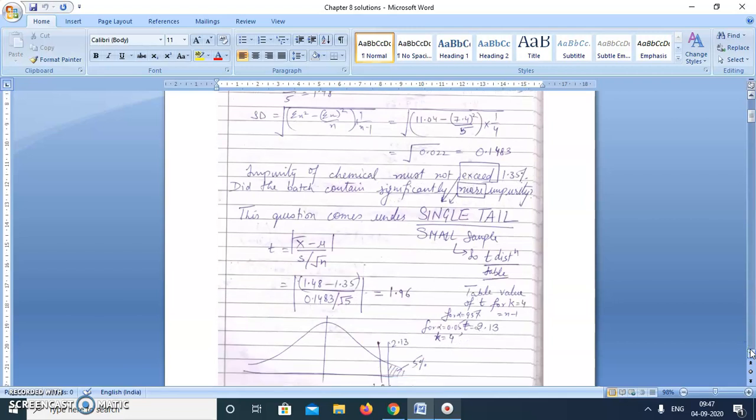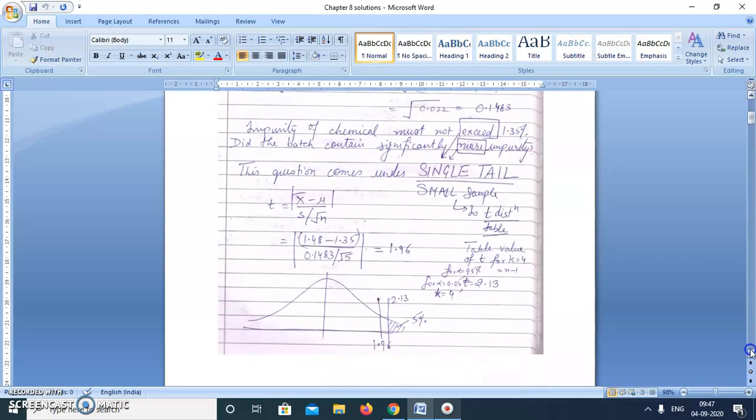Because we are concerned that impurity should not exceed 1.35%. We are not concerned about the lower side of the distribution. So even if the impurity is less, that is not important. It shouldn't exceed 1.35%. So we'll take single tail value from the t distribution table and compare.